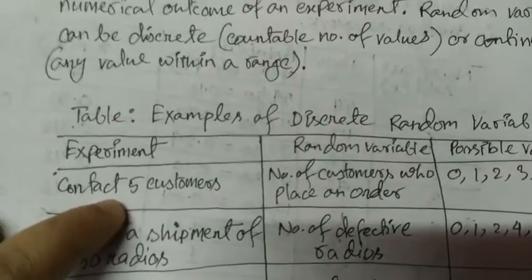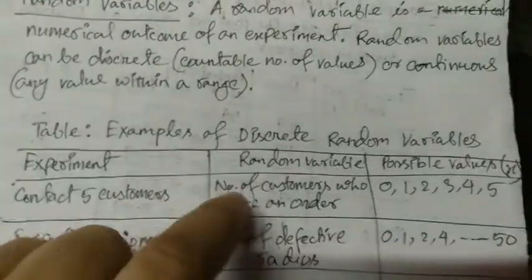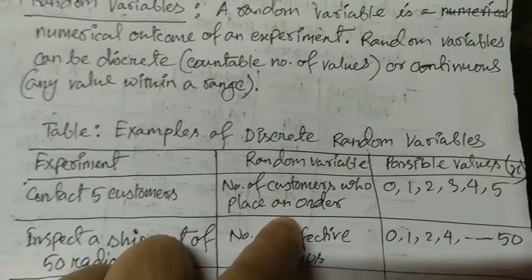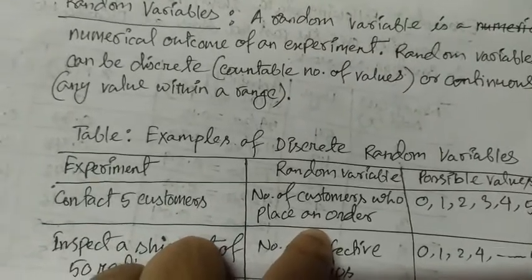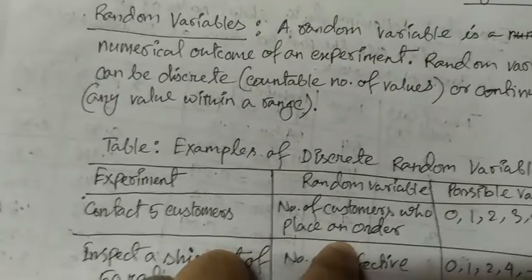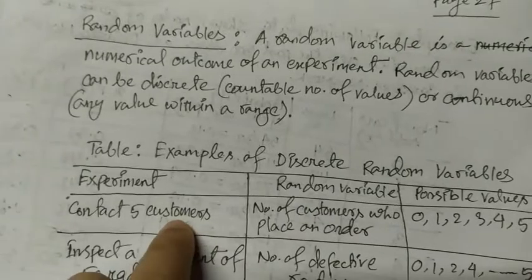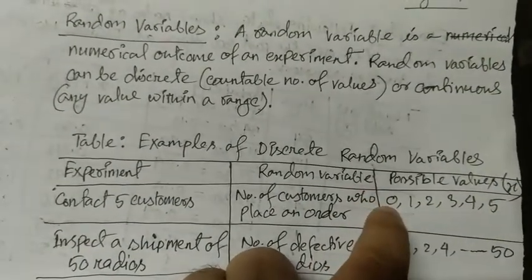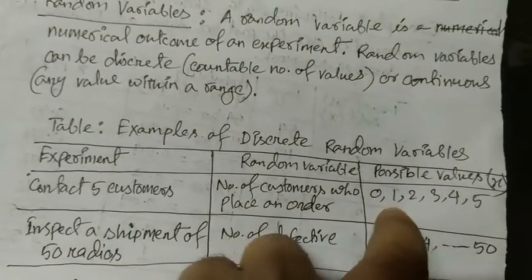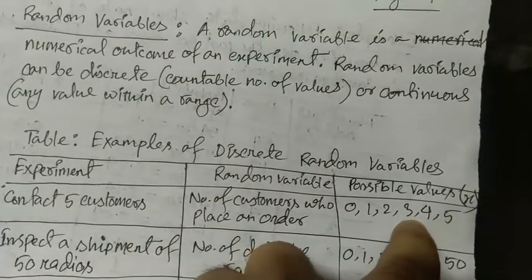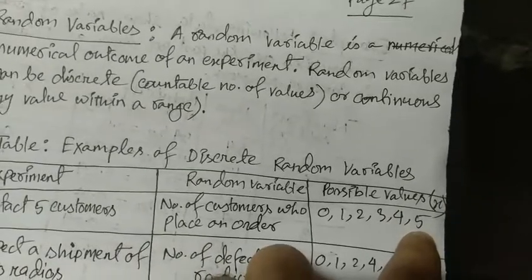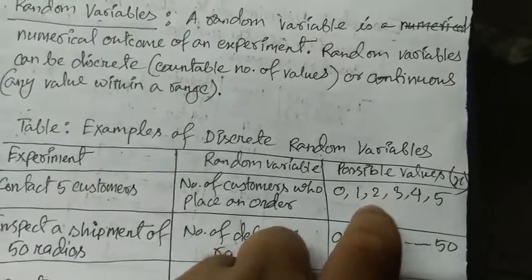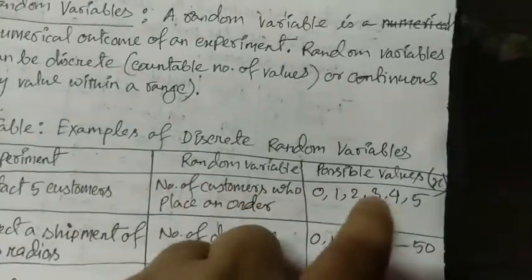So this is our experiment. The random variable can be the number of customers who place an order, that means who actually purchase. Out of these 5 customers, probably no customer will purchase, probably 1 will purchase, probably 2, probably 3, probably 4, probably all 5 customers will purchase. So the possible values of the random variable are 0 to 5.